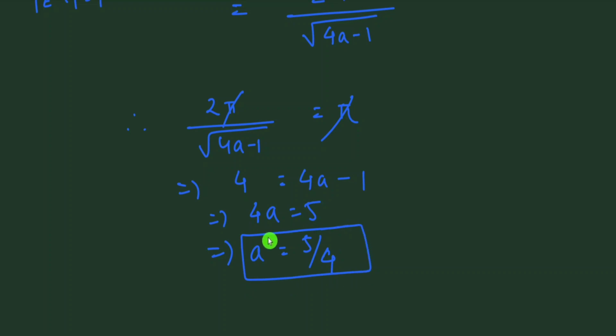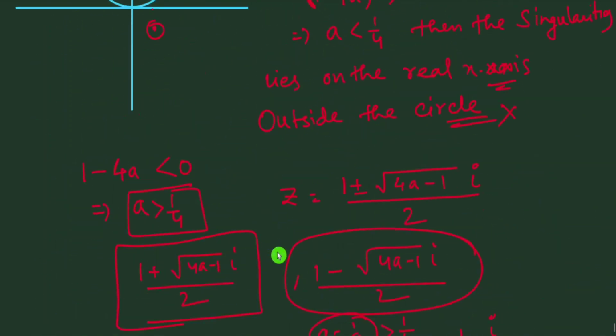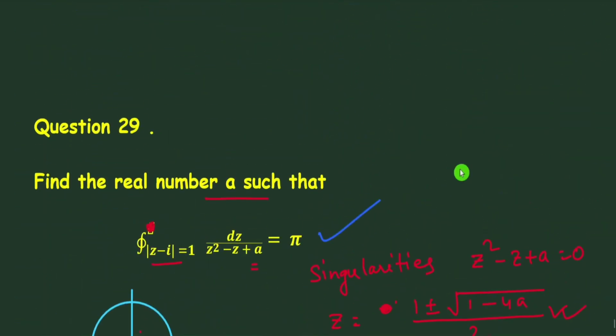So this is the answer of the problem, the value of a. This is a very interesting and important problem also. The value of a is equal to 5 by 4.